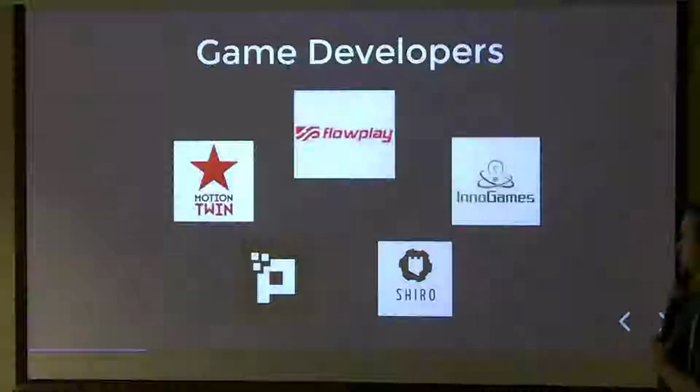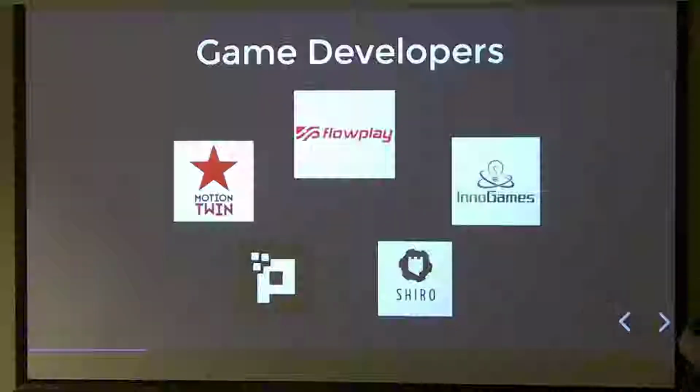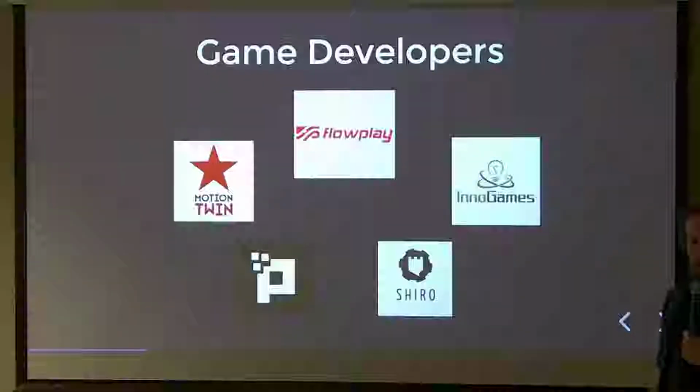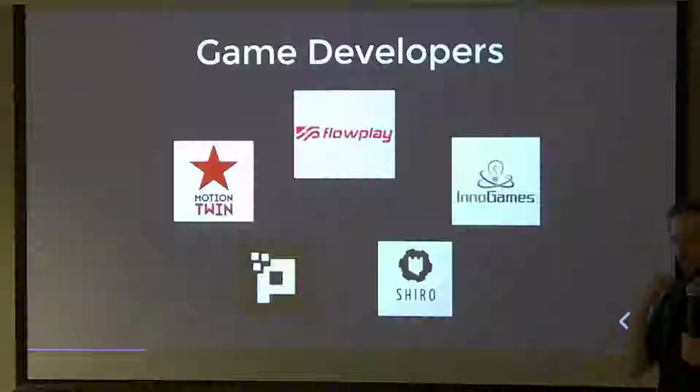And of course, one major part of the Haxe community are game developers. I made just a small pick. Floatplay is maybe one of the second enterprises that was actually crazy enough to port 1 million lines of code. Again, seems to be a magic number. From ActionScript to Haxe, that went pretty well. InnoGames is a big German online game company.